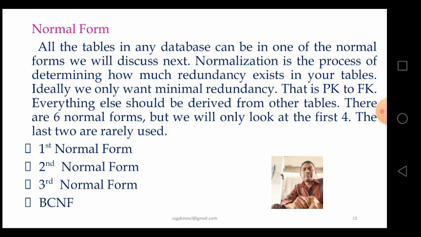Everything else should be derived from other tables. There are six normal forms in normalization, but we will only look at the first four. The last two are rarely used.